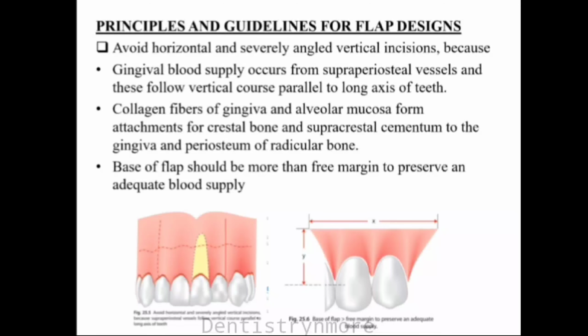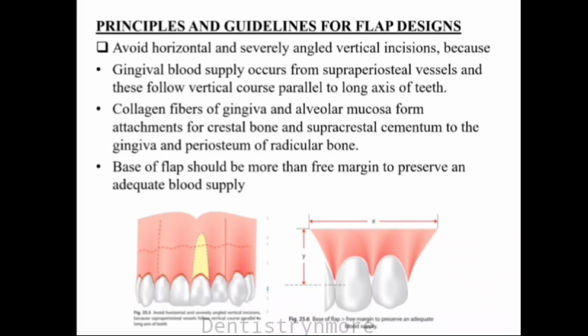And these are the principles and guidelines for flap designs. First one is avoid horizontal and severely angled vertical incisions because gingival blood supply occurs from supraperiosteal vessels, and these follow vertical course parallel to the long axis of the teeth. Collagen fibers of gingiva and alveolar mucosa form attachments for crestal bone and supracrestal cementum to the gingiva and periosteum.